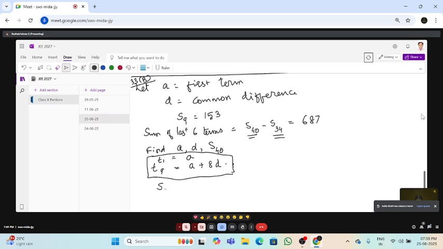Therefore, S9 equal to 9 by 2. There are 9 terms. So you take 9 by 2 into T1 plus T9. So 9 terms, the average is T1 plus T9 by 2. 9 by 2 into A plus 8D.